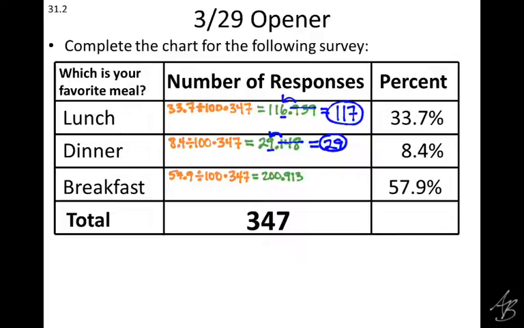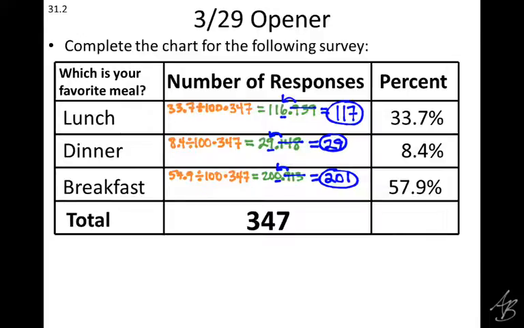Okay, just like the other two, we need to make sure that we have a whole number of people. So we're going to round to the ones place, get rid of the decimal, and when I do that, what's going to happen with this 0 in the ones place? It's going to go up to a 1, so it's going to become 201 people.